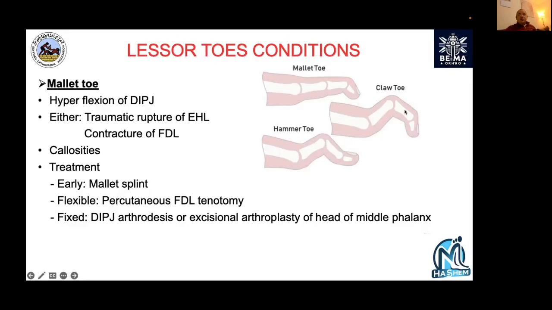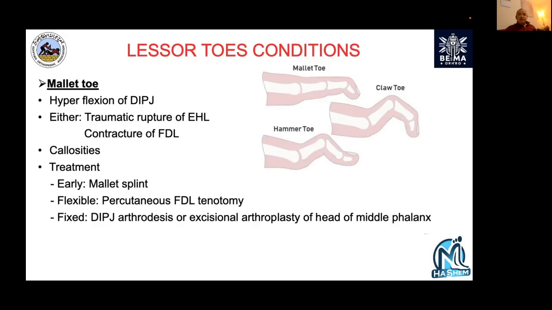With the claw toe, this is commonly happening with neurological conditions. And as we agreed a minute ago, flexors are normally overpowering the extensors. So when the patient has a neurological condition which is causing muscle contraction or muscle overpower, the flexor will still overpower the extensor, so it will flex the PIP and the DIP, and as a result, the MTP will be extended. Remember from the first lecture, MTP is moved by intrinsics, while PIP and DIP are moved by the long flexors.